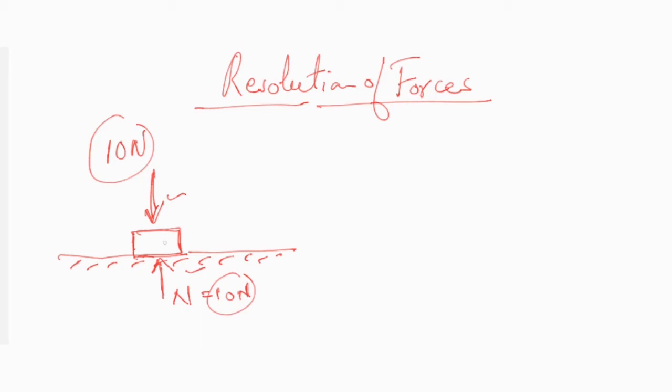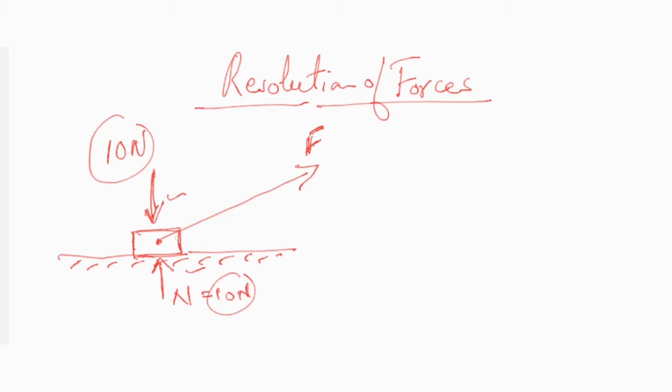Now let us assume that we pull this rope in this direction with a force of F newtons. Now what happens to the normal reaction? Tell me.